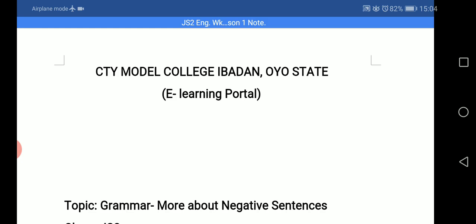On page 197, I have some pairs of sentences. Sentence 1A is: Is he going? B is: Isn't he going? Is he not going?